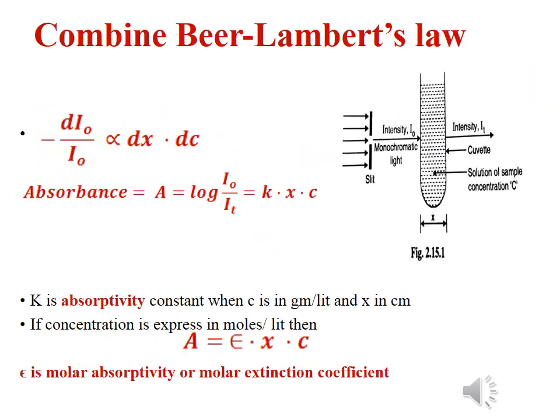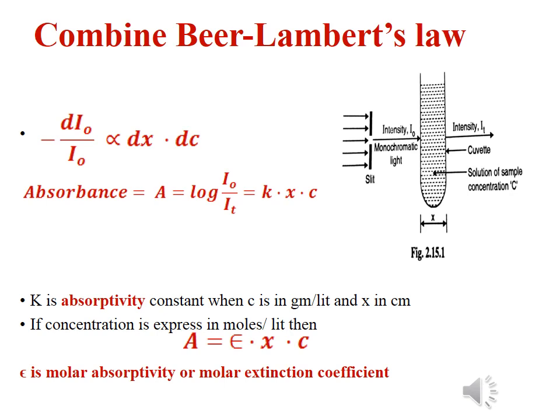If we combine both the laws, it is called Beer-Lambert's law or Lambert-Beer's law. According to that, the decrease in the intensity of radiation is directly proportional to the concentration of the solution and the path length of the solution.